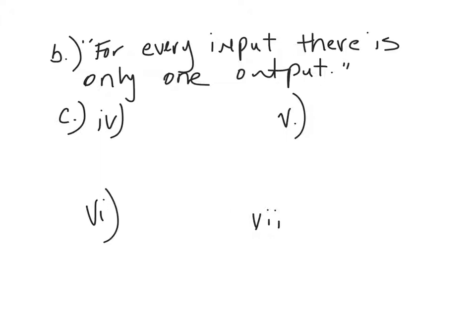If I look at IV, it is 6 dots placed on a coordinate grid. For every input, or X, there is only one Y, or output. So, if there's only one output for every input, I think you know that that means C is a function.